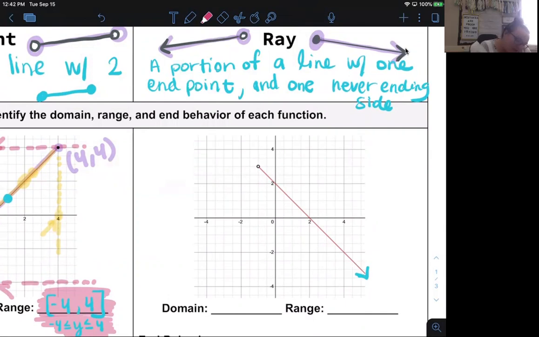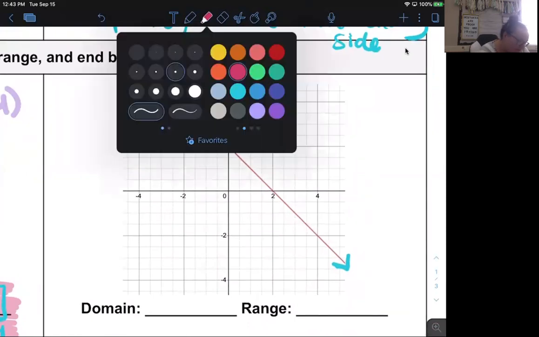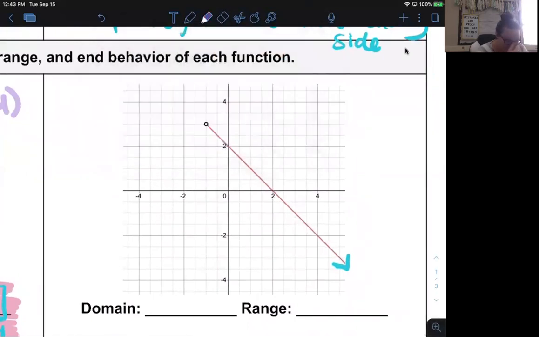All right, so let's talk about the domain and the range. As you can see, the least value of our domain happens at x is -1. But because we have an open circle here, x equals -1 is not included.